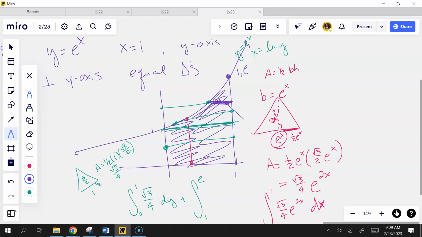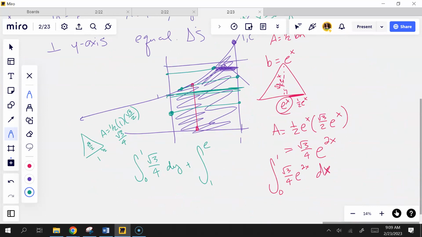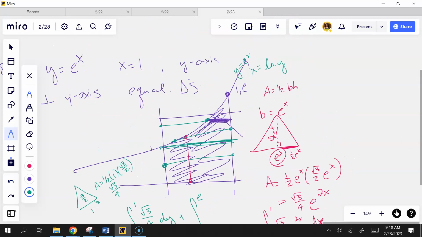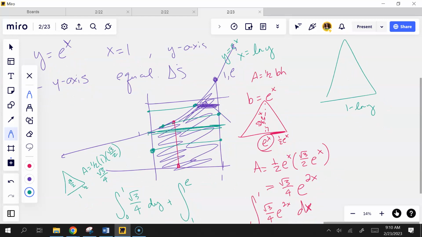So I have to take the whole thing, which is 1, and I have to subtract the natural log of y. Actually, that's not the integral. That's just the base. The base is 1 minus log y. That's why I have all that gobbledygook on there.